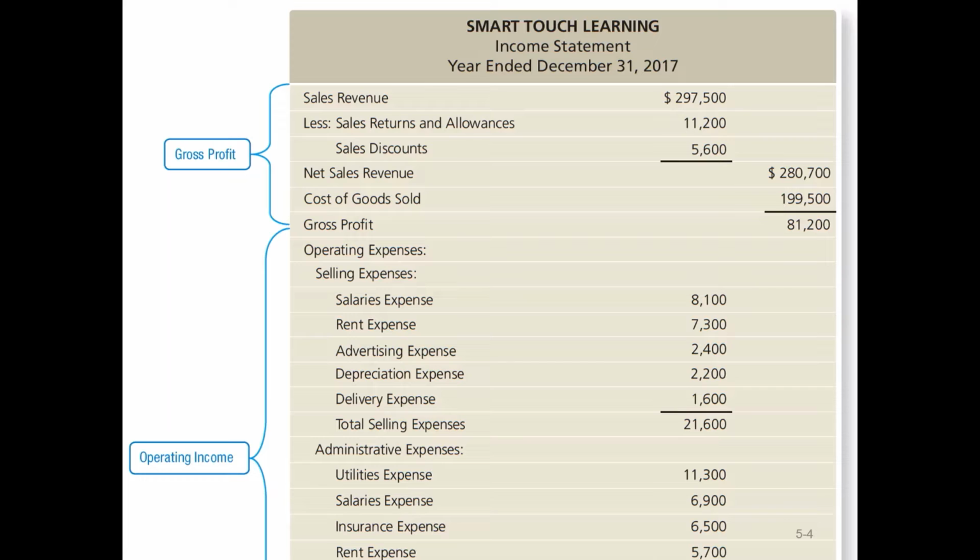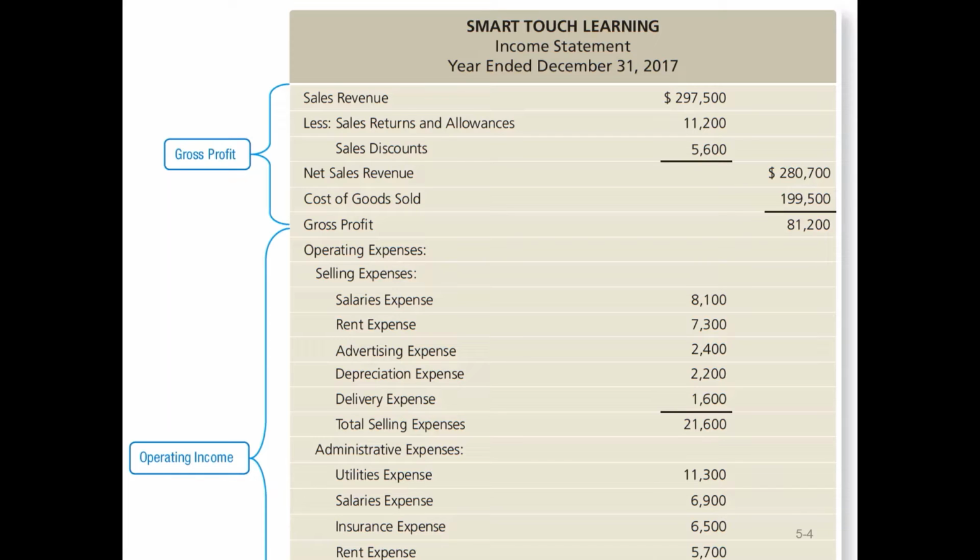You'll also notice that we now have a net sales revenue number. Because we have two contra revenue accounts, those revenue accounts show up here as a reduction to sales revenue. Sales revenue minus sales returns and allowances minus sales discounts equals our net sales revenue.